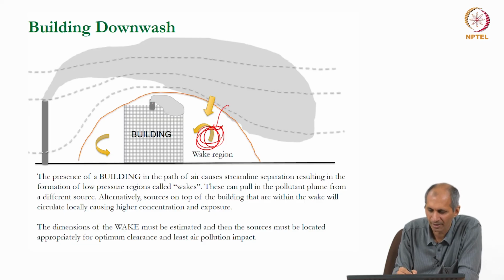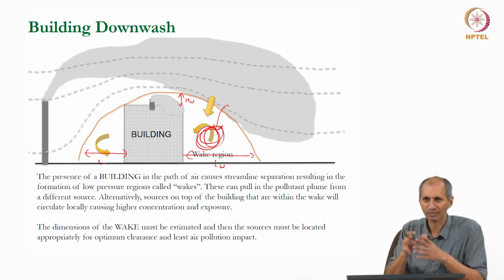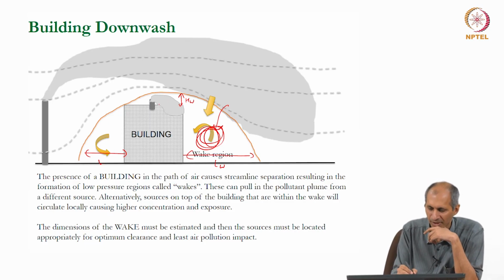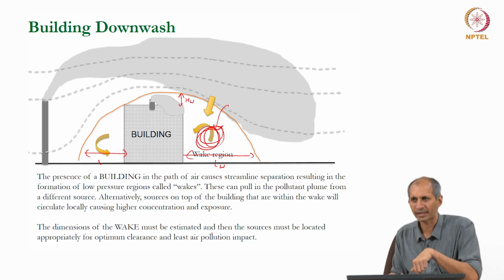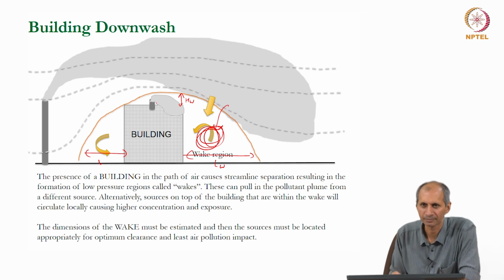If your stack release is right on the roof of a building and there is a height and a length of the wake, depending on the size of the building and the velocity, and the stack is below this height, it will not get out, it will stay there.